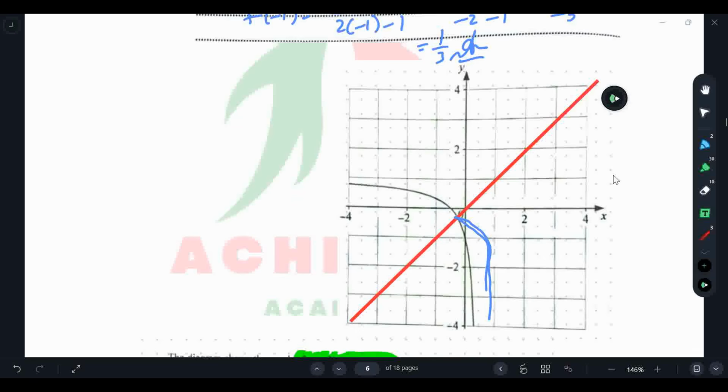This will be the line. Okay, this will be the reflection of the above line. And if we draw the mirror line for this one, the lower part, we will get the reflection of the lower one will be this one. Now from here we can say that this one is the graph of f inverse of x.